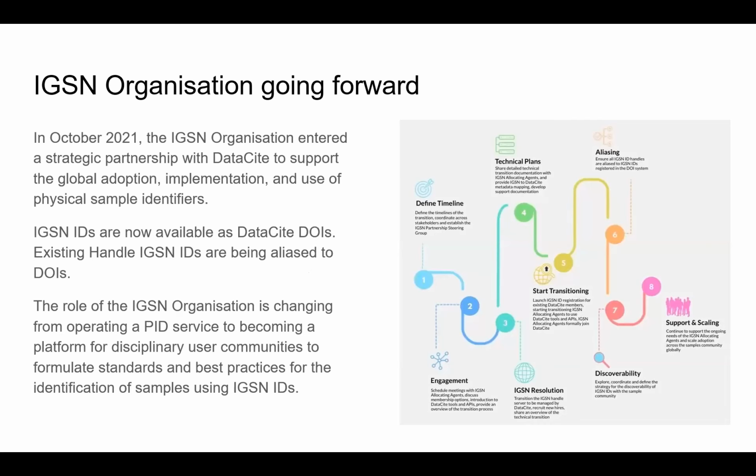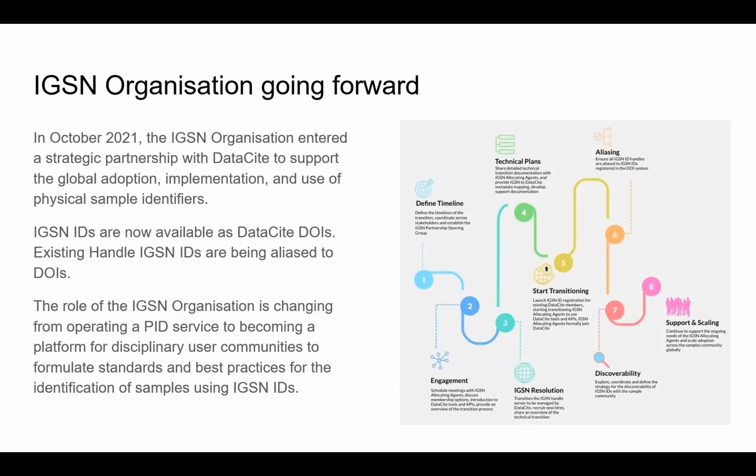IGSN is the International Generic Sample Number, a persistent identifier for samples, with a system that was originally designed and conceived by Kerstin Lehnert. And then we worked on this for many years as an independent organization.